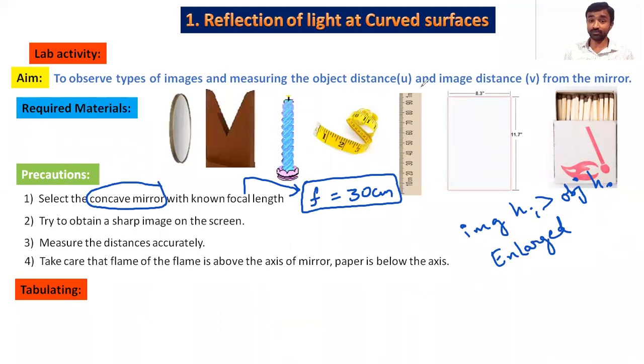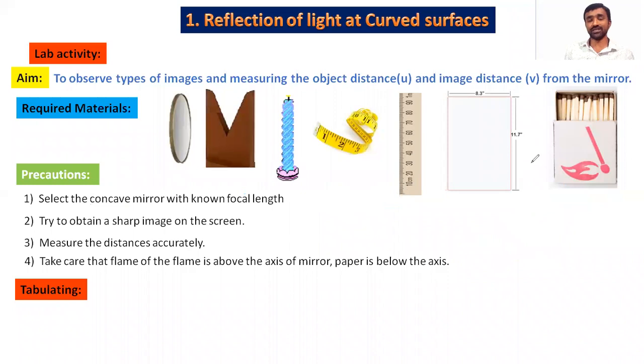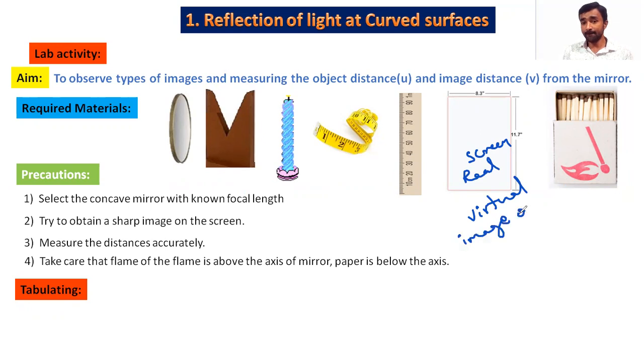Next, after observing these, one more is there: the type of image. Do you see it on the screen paper? Then it is real. If not observed, it is virtual. We can see the virtual image on the surface of the mirror, right?